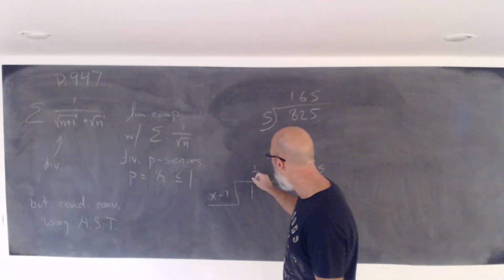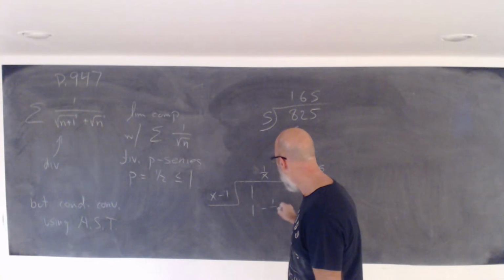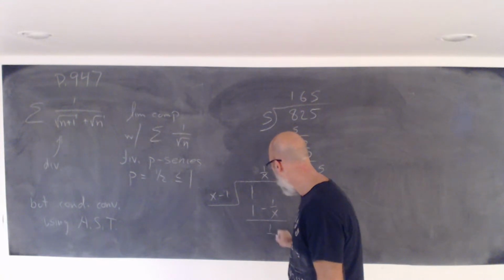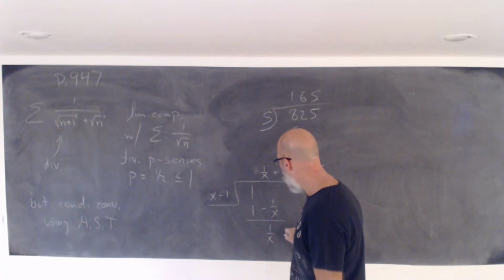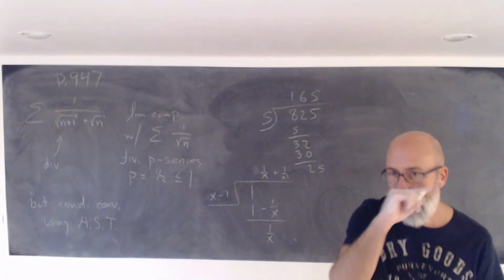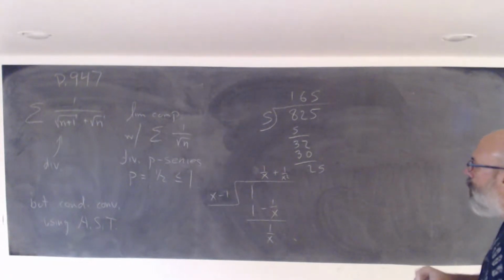Here there's going to be a 1 over x. And then you get a 1 minus 1 over x, and then you subtract, you get a 1 over x. And then you'll have 1 over x squared, and so on and so on. Is that where you're going with that, or were you going somewhere else?